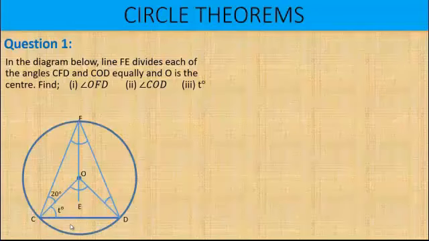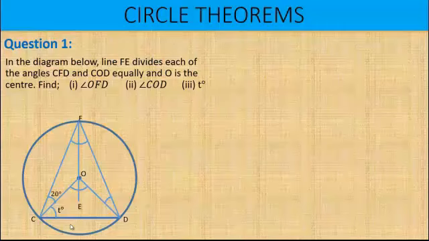In the diagram below, line FE divides each of the angles CFD and COD equally, and O is the center. Find I, angle OFD, II, angle COD, III, T degrees. Let us solve it together.